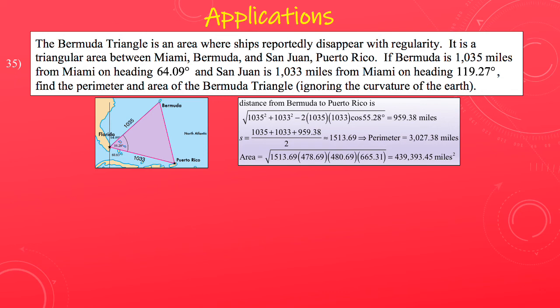And therefore, if we're going to find the area, we would need to calculate S, which is the sum of the three sides divided by 2, which is 1513.69. And therefore the perimeter is double that, which is 3,027.38 miles. And now we might as well use Heron's formula, and we get the area is equal to the square root of 1513.69 times 478.69 times 480.69 times 665.31.